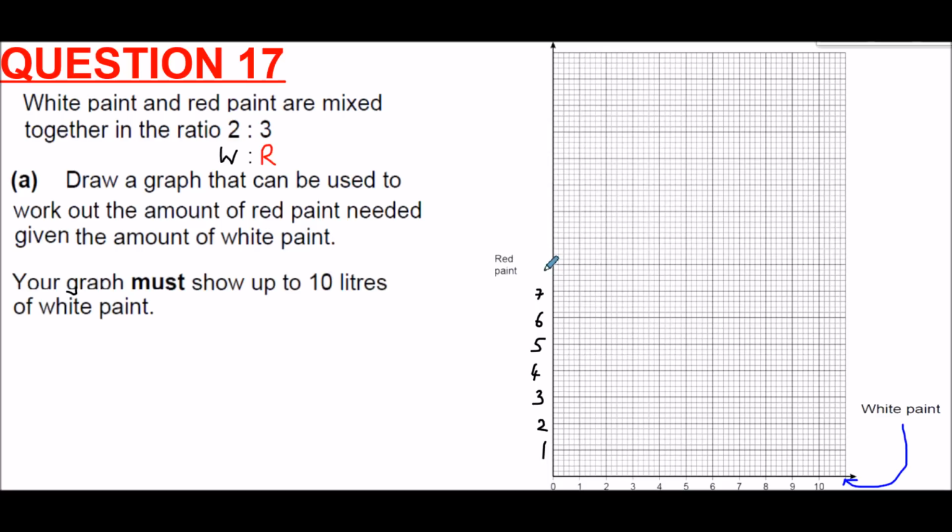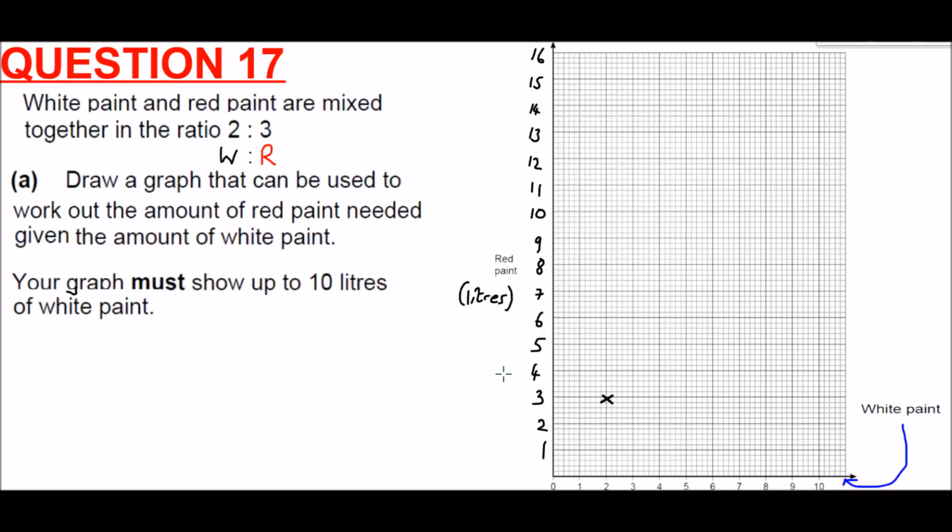So if we just go up the axis, 1 by 1, it does say the graph must show up to 10 litres of white paint. So this is red paint in litres. So if we had 2 litres of white, we'd mix that with 3 litres of red. So this point here would go there.